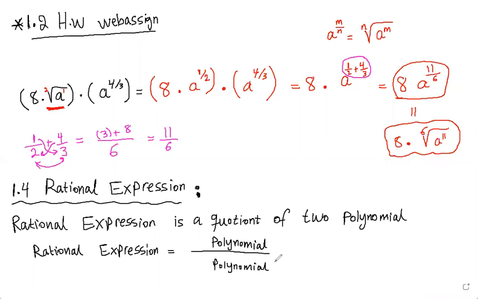That's also known as long division, right? Yeah, division of polynomial over polynomial. We're not going to learn the long division. We have to know the meaning of rational expression in general.